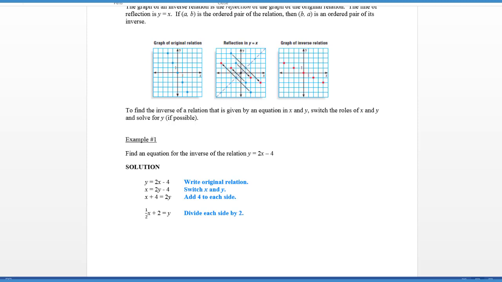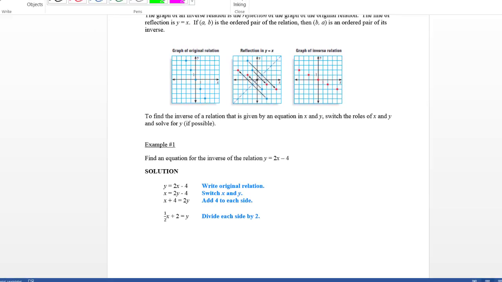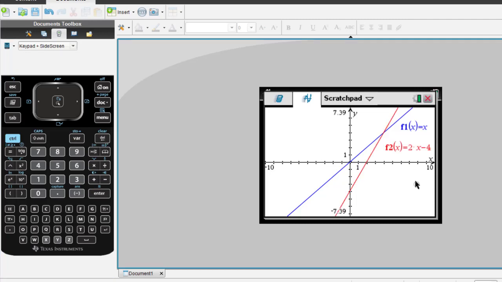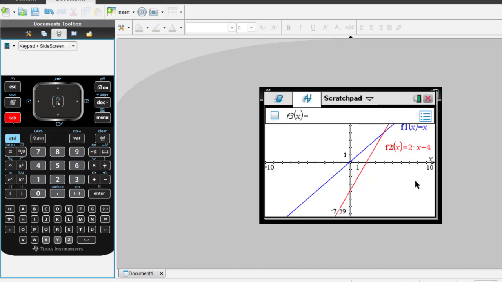We said the inverse should reflect over y = x, so I'm going to test this with the calculator. I've already graphed the diagonal y = x, and now I'm going to graph the original function, 2x - 4, which gives us this red graph. Now I need to test whether switching and solving gave me the correct function.